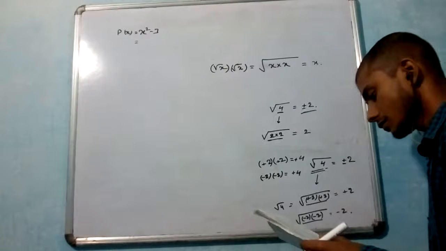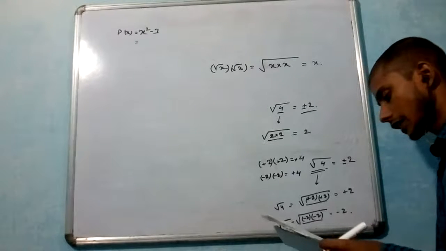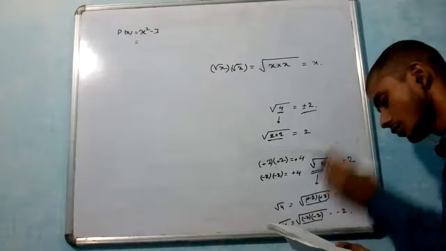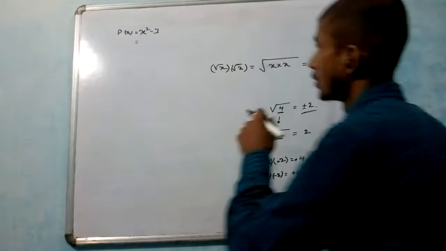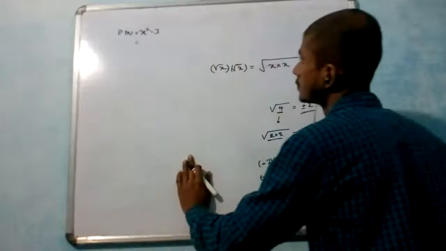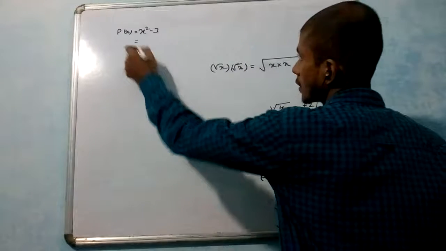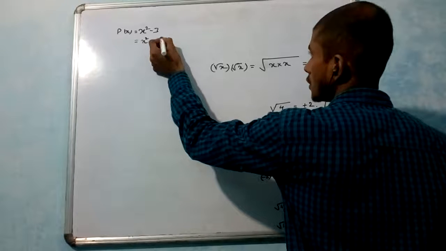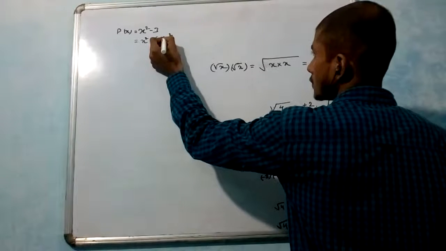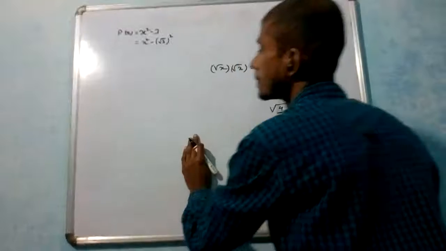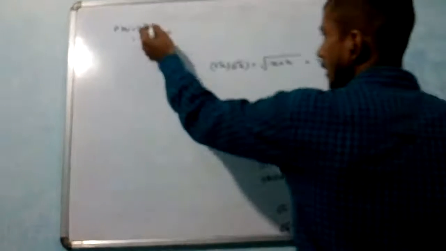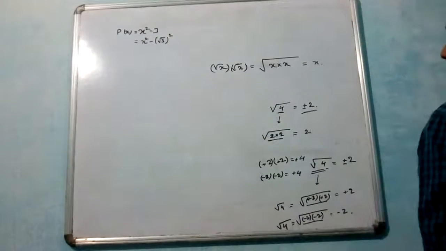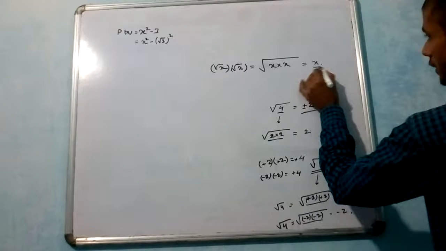Can we write this 3 as root 3 whole square? Just like that, x I wrote what? Root x whole square.